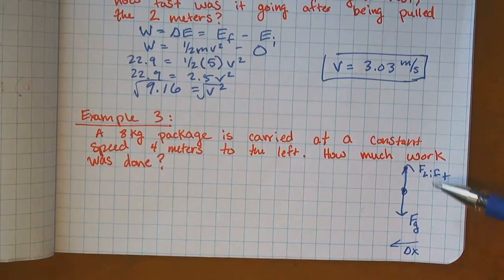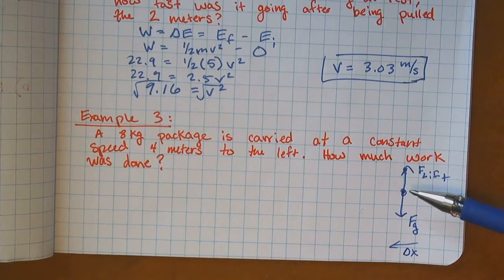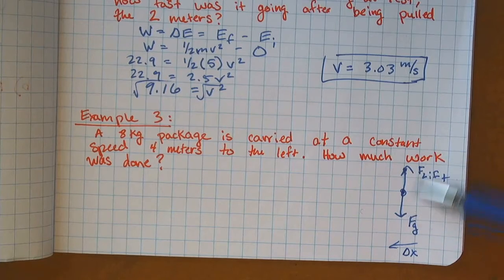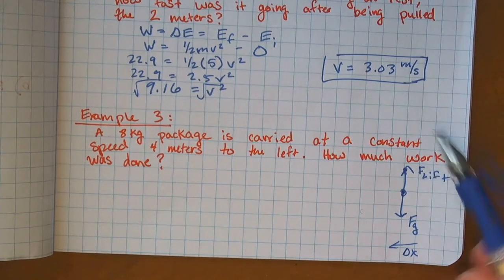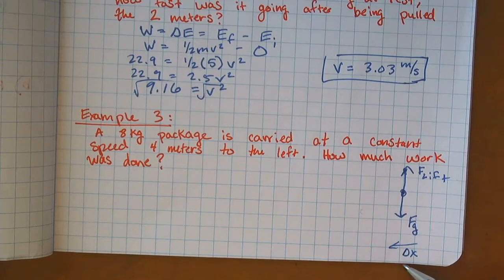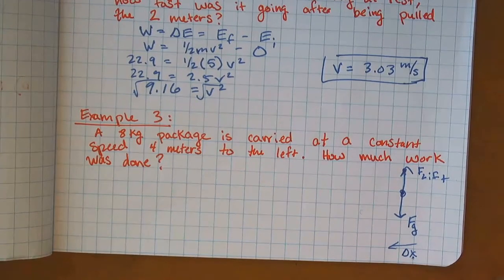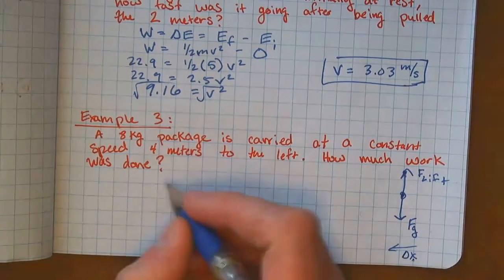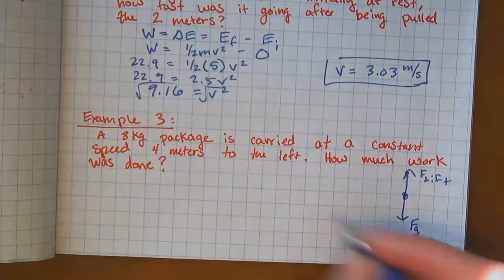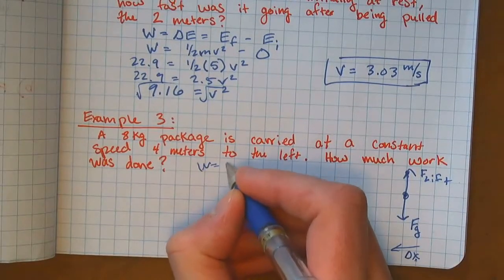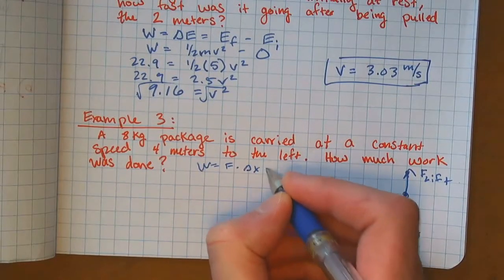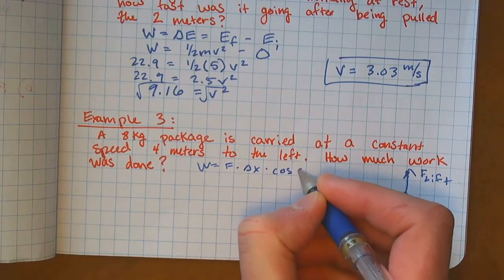First up, there's a couple different ways of thinking about this. Neither one of these forces are in the direction of delta X. Neither the lift force nor the force of gravity are assisting in moving this thing to the left. So our work is equal to force times distance times cosine theta.